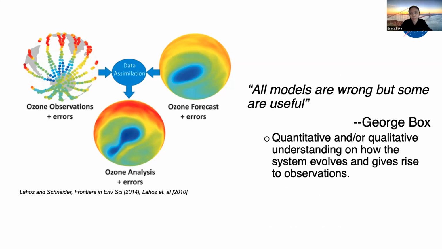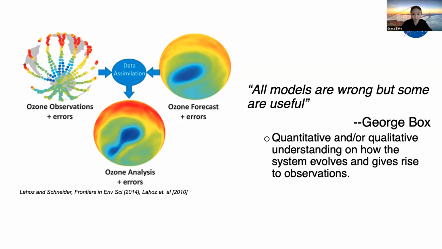Another way to extract information about the true state of the system is to use models. Models are great because they allow us to have a quantitative and or qualitative understanding of how the system evolves and gives rise to observations. But we all know that all models are imperfect.